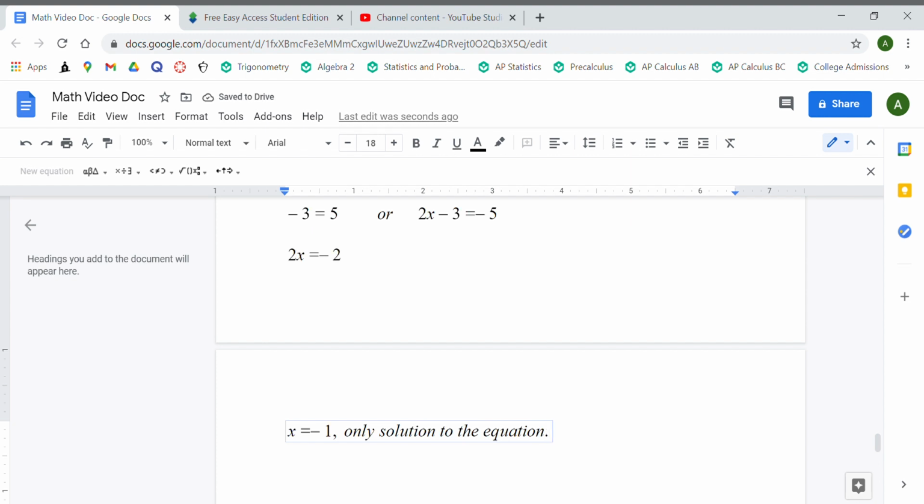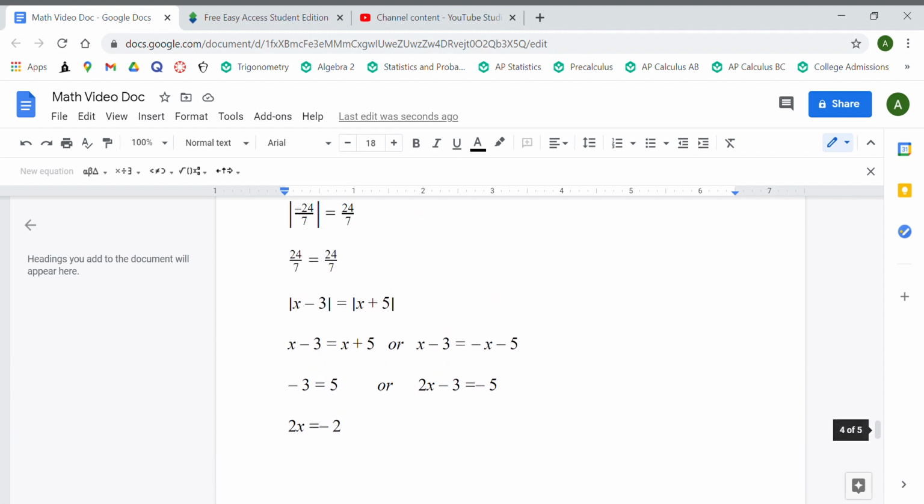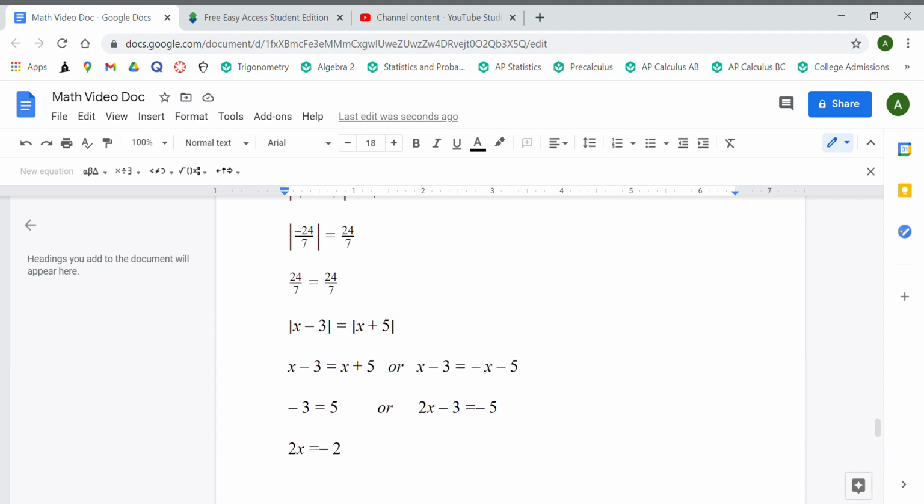So yes, absolute value equations can have no solution, one solution, two solutions, or infinitely many solutions. So keep that in mind when you end up with situations like this, because the coefficient and constant rules for linear equations still exist for absolute value equations when there are two absolute values.